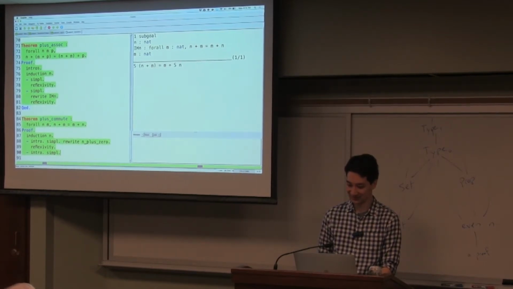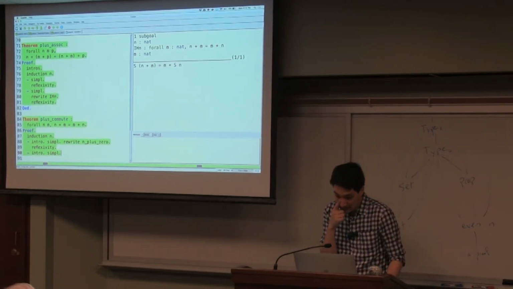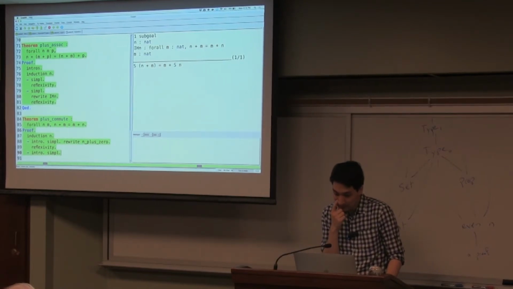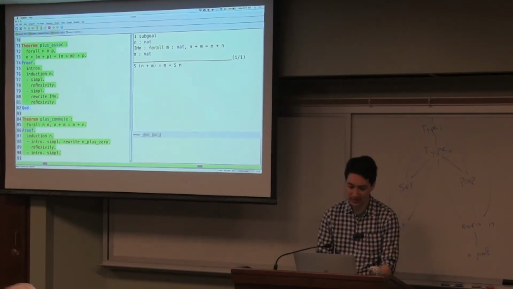Okay. So simple, I mean, it did everything it could already. But what happens if we use the induction hypothesis? We can do a rewrite, IHn. Okay.